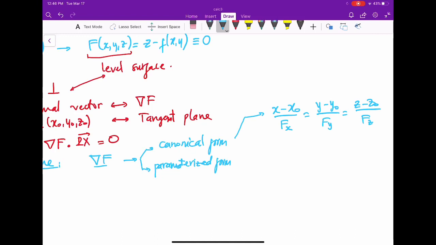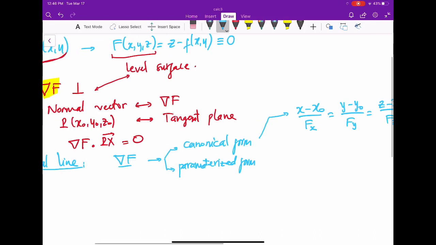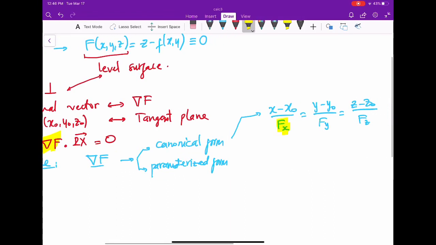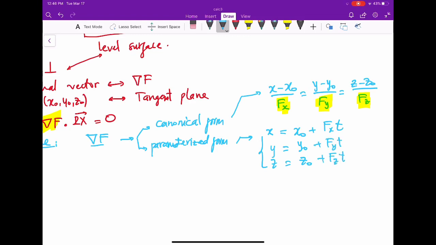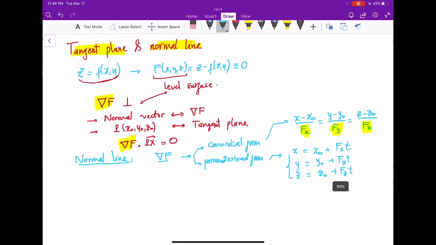Because the components of gradient of F are just Fx, Fy, and Fz. So we can write in that form, or you can write in the parameterized form: x, y, and z equal x0, y0, z0, plus Fx t, Fy t, Fz t. That's it. So that's what we did yesterday, okay?